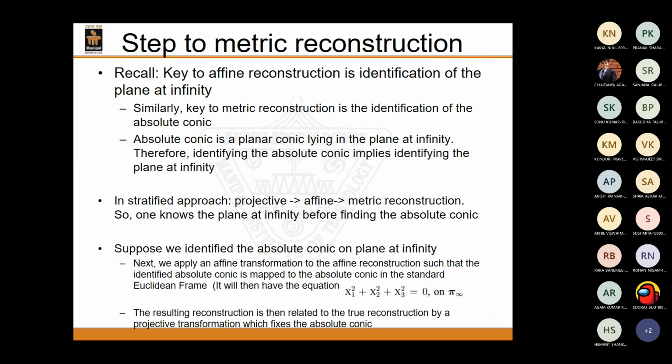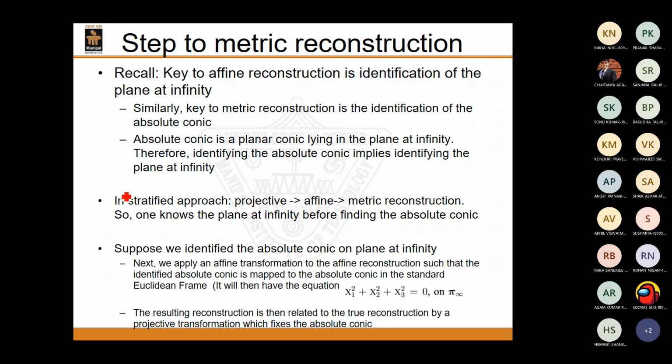Now, once you get the affine reconstruction, the next step in the stratified approach would be to convert that to a metric reconstruction, right? Affine means it will preserve parallelism. Metric means it should preserve the length as well as the angles present in the image, right? And that is important when you have to make geometric measurements from the images.